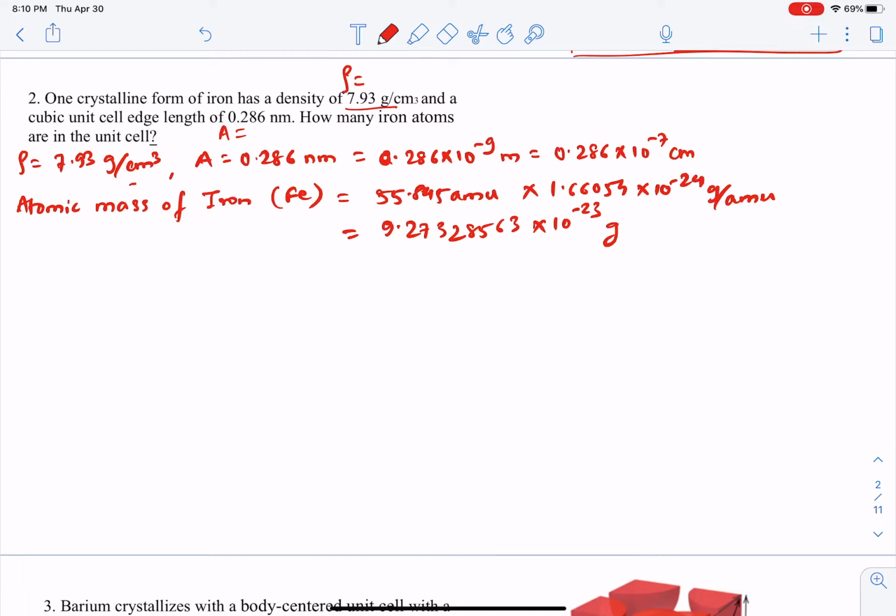Okay, so we have the basic information. Now from this unit cell length A, we can find the volume, right? Understanding the logic of this question, your goal is to find the number of atoms in the unit cell.